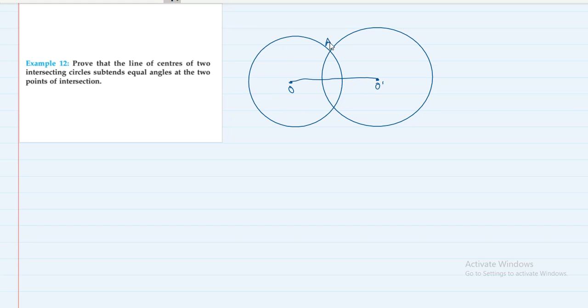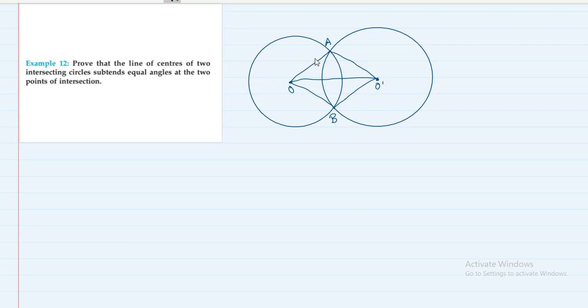So 2 points of intersections are A and B. Subtends equal angles at the 2 points of intersection. This is one of the angle, OAO dash, and this is the other angle, OBO dash.